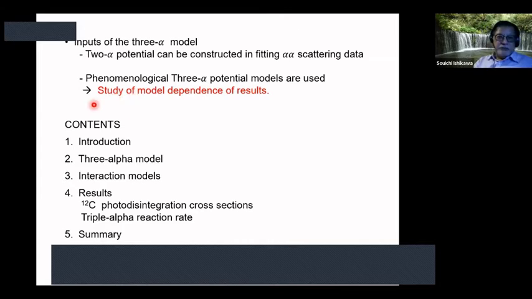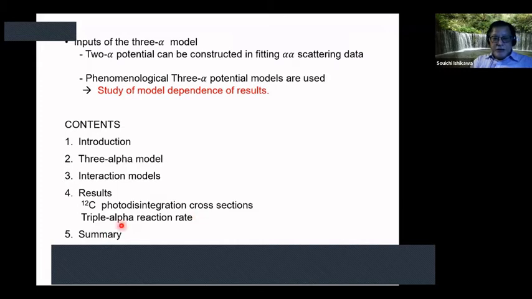I want to show some model dependence of the following results. I will mention some interaction models, and then show results for the disintegration cross-section, as well as the triple alpha reaction rate calculated from these cross-sections.